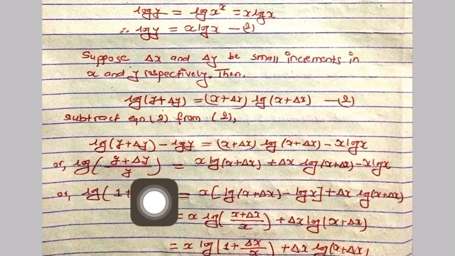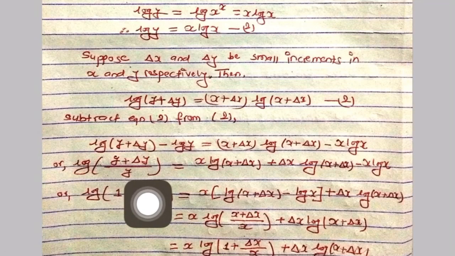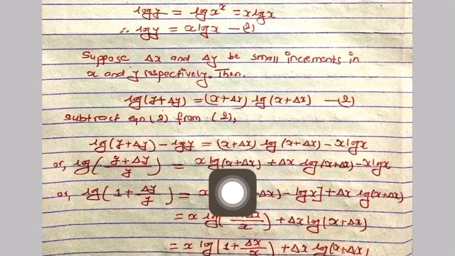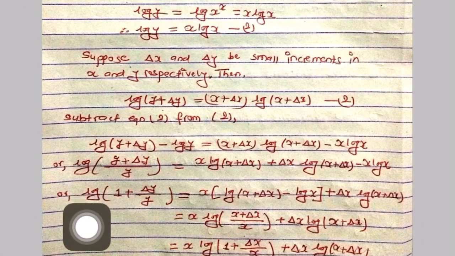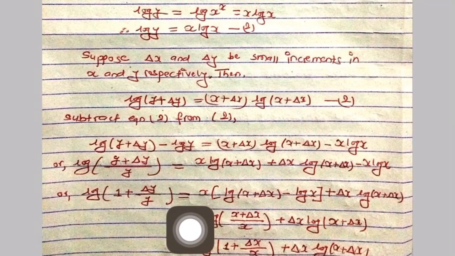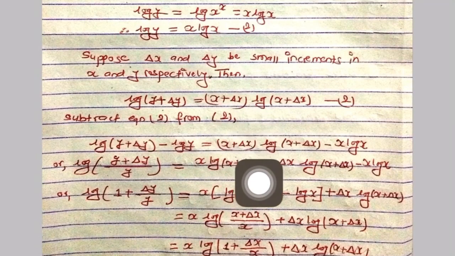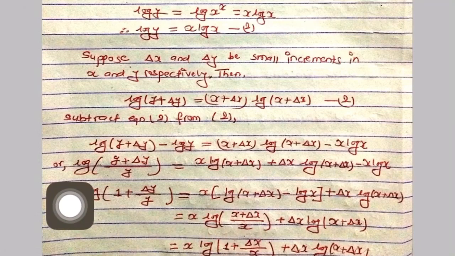On the left hand side you can apply the property of the logarithmic function, that is log a minus log b is equal to log of a divided by b. Applying the same property here, log of y plus del y by y, we obtain this term on the left hand side, and on the right hand side we open this bracket, so you get this type of relation.